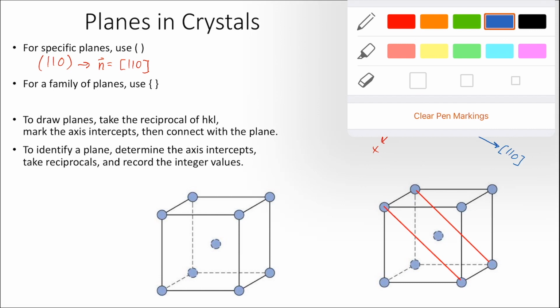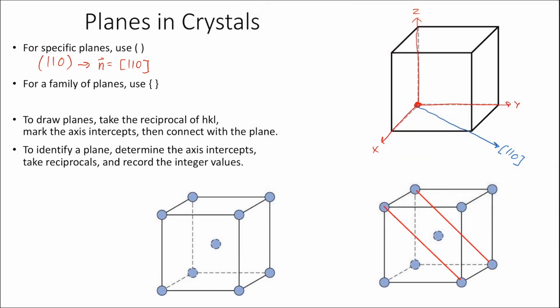And since I also know that this is the normal to the plane, then you can schematically visualize where that plane might be. We'll go over more specifics about how to construct these more complex planes in a second. So now this plane in green is our 1, 1, 0 plane.